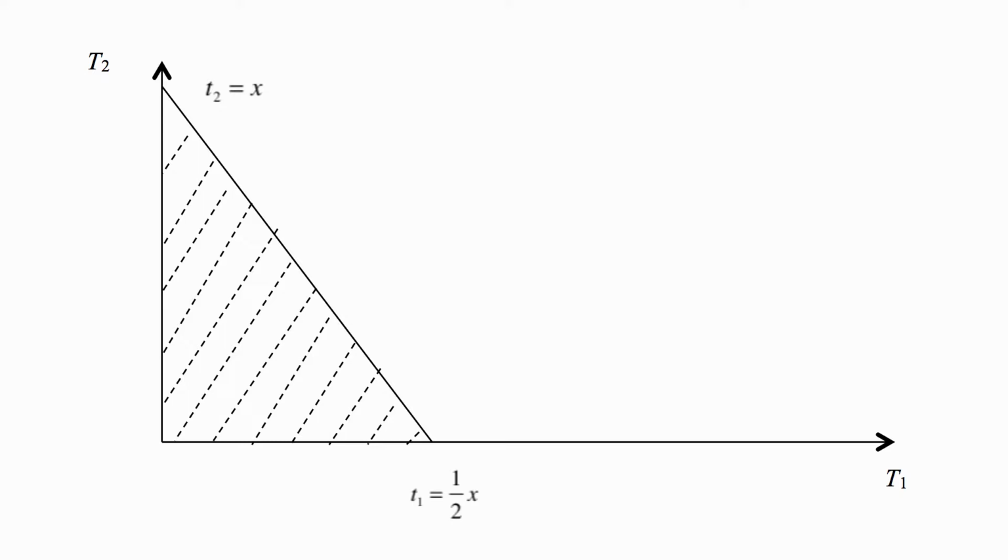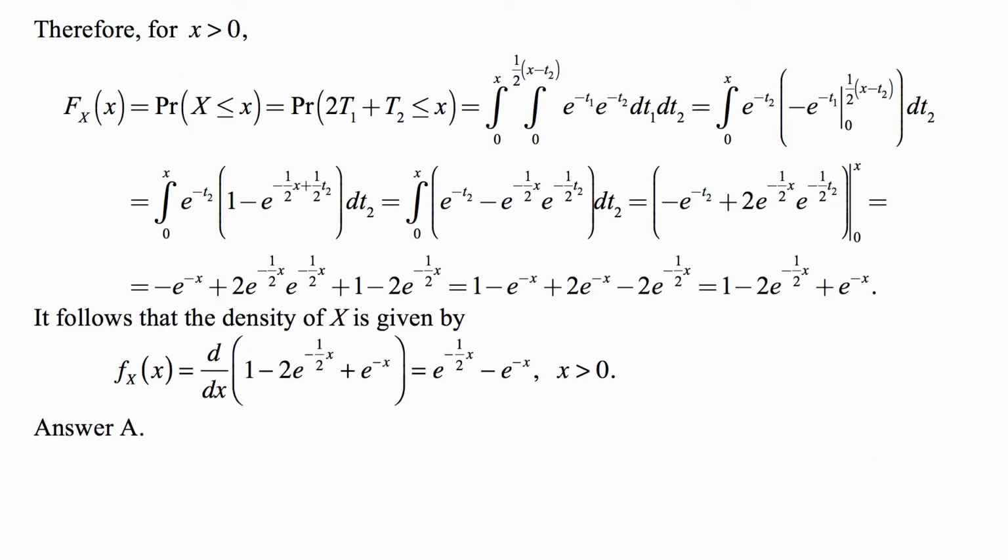Then we must be below that line, because along this line we have 2T1 plus T2 equal to x exactly. So below that line, 2T1 plus T2 will be less than or equal to x. So we need to find the probability of being in this region given the joint density of T1 and T2. And we just take the integral over that triangle of the joint density.